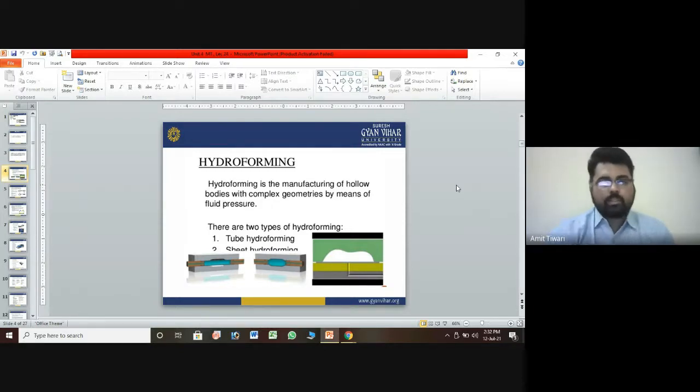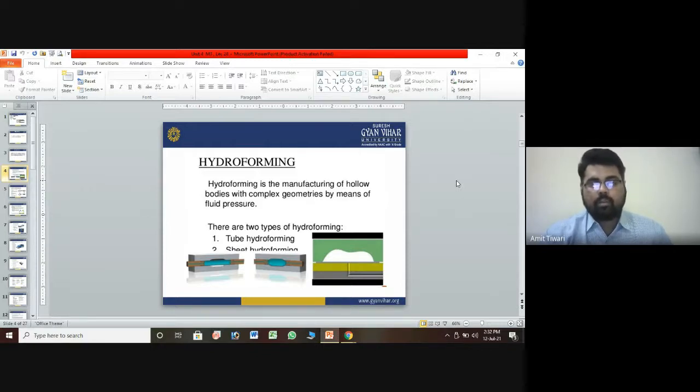What happens in this? You can see in this diagram that there are two dies, an upper part and a lower part, and a place for the material which you want to fabricate into the shape. You apply pressure on the die by hydraulic or fluid pressure, very heavy pressure, and the material is compressed and forms the new shape, filling up the internal die.